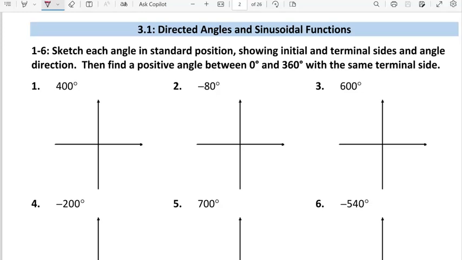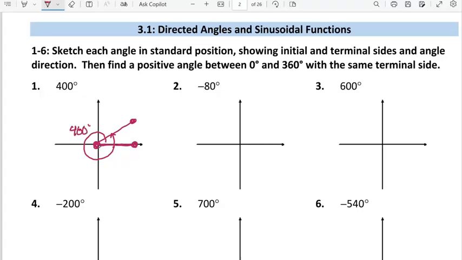In questions 1 through 6, we're asked to sketch an angle in standard position, showing its initial and terminal sides and the angle direction. So in number 1, we have a 400-degree angle in standard position. The angle starts on the positive x-axis and rotates in a counterclockwise direction. One full cycle is 360 degrees, so we're going to have to go an additional 40 degrees in order to complete that 400-degree angle.